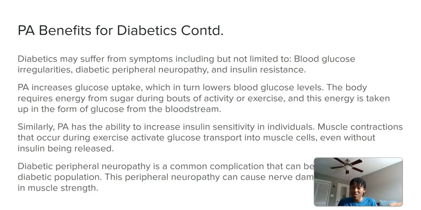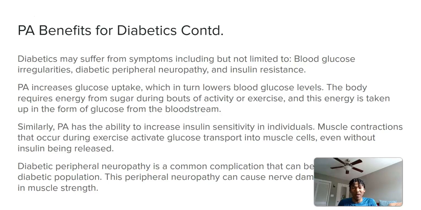Whenever you're actively exercising, your body needs increased levels of energy, and it meets that by taking up glucose from your bloodstream to provide energy to your muscles. The more vigorous your activity is and the longer it goes on, the more glucose your body is going to require, and that's going to make your levels decrease.